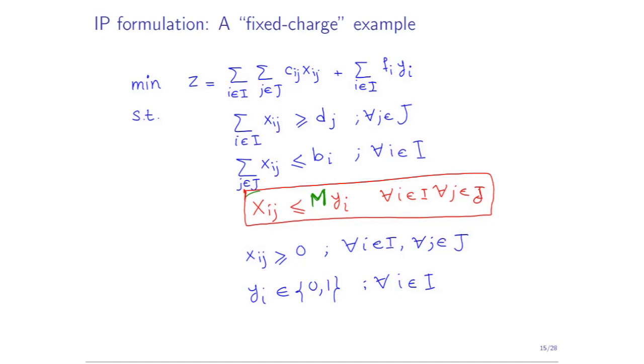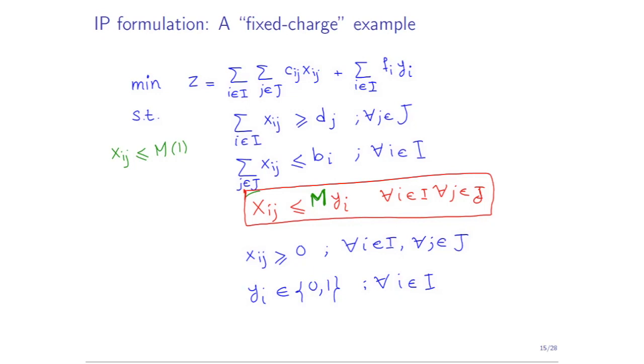Remember, I want to force yi to be 1 if xij is greater than 0. And if that is the case, my constraint will be this, right? If y is 1. And remember, if this is the case, I don't want my constraint to impose any additional, non-necessary, non-realistic constraint on my formulation.